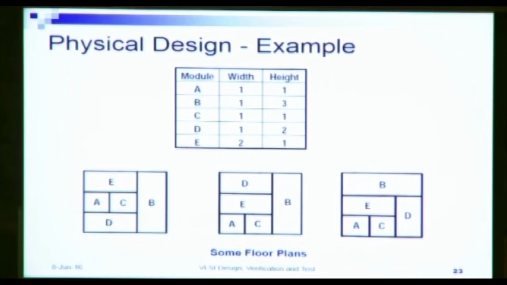So the signal must pass from, say, module A to module B within 3 time units, but the wire connecting module A and module B cannot provide such a timing bound. It requires at least 4 units. So I have to place them in such a way that the distance between module A and module B is such that the wire length can be reduced, so that the timing specifications can be met.